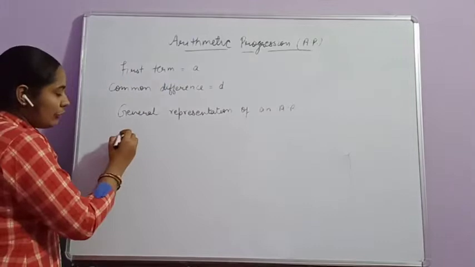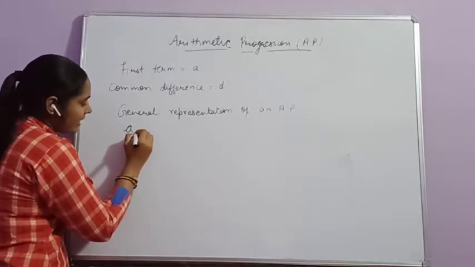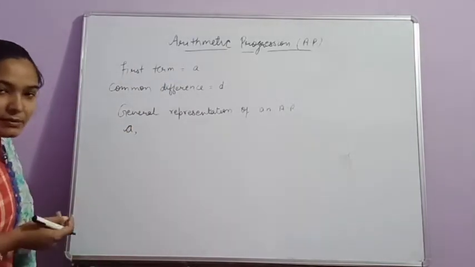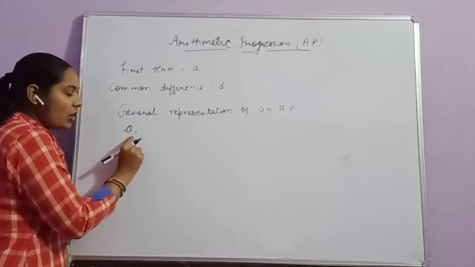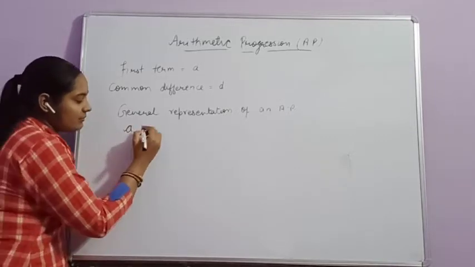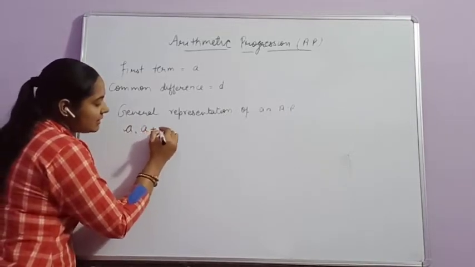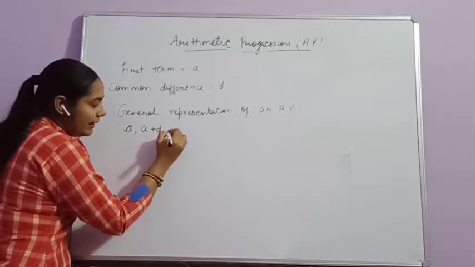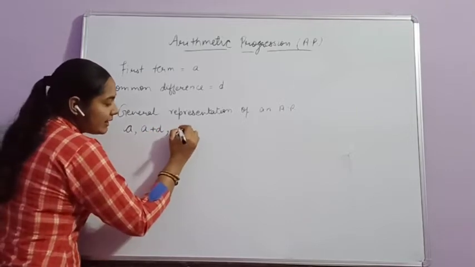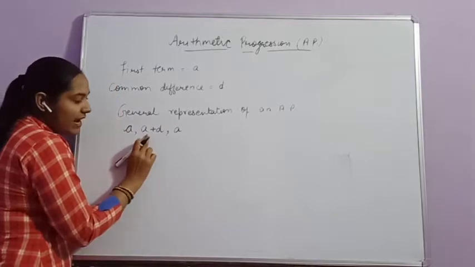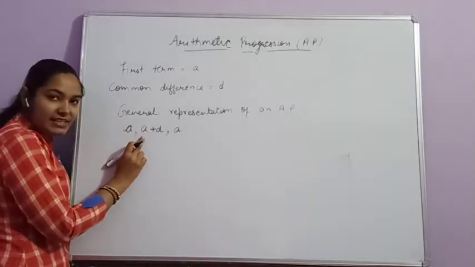Generally, the representation of an AP is: first term is a, and we know that second term will be calculated by adding common difference in first term, that is a plus d. Clear? And third term, we add d common difference in second term.